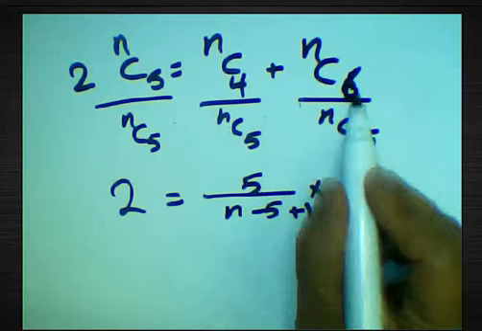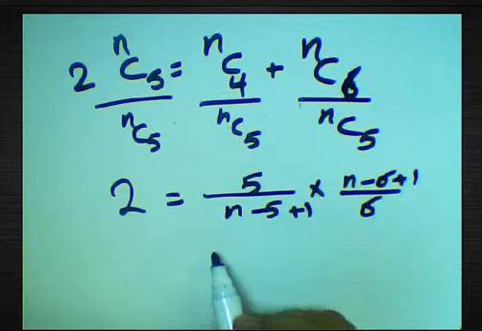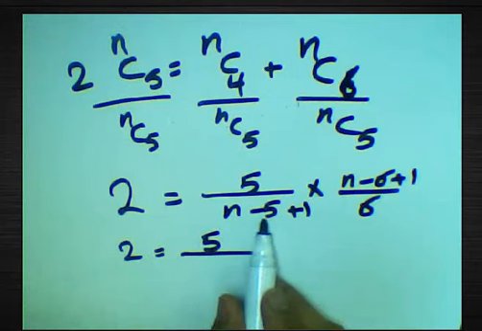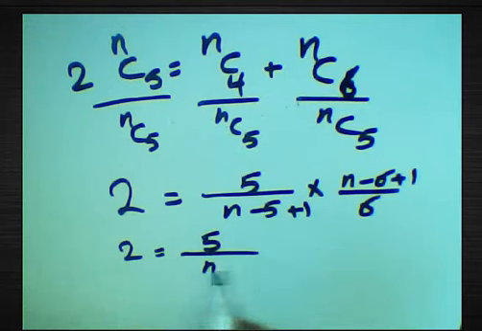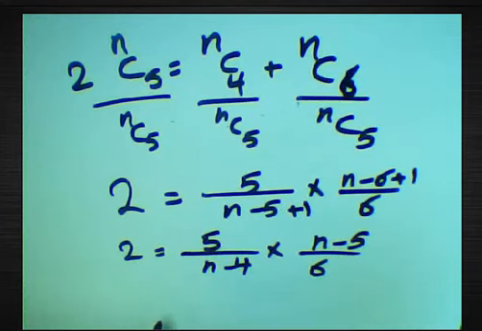And here the greatest up, so n minus 6 plus 1 over the greatest, and we can simplify it: write 2 here and write 5 in the numerator, negative 5 plus 1 equals negative 4, and here n minus 5 over 6. Here we can simplify it.